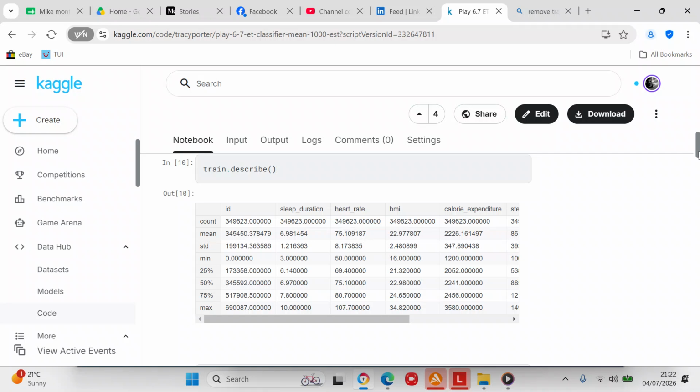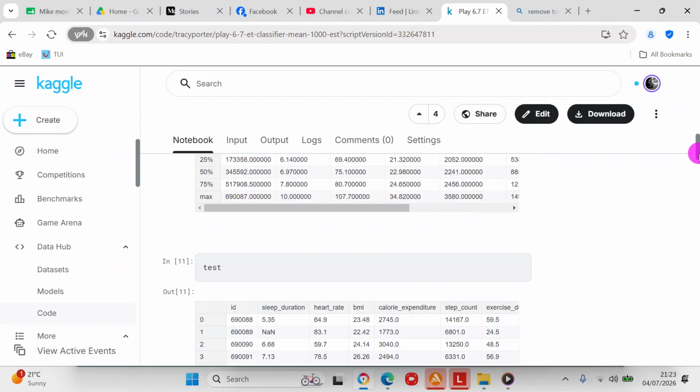And so the describe lets you count the number of rows, gives you the median, the standard deviation, the minimum value, the 25 percentile, which is the first quartile, the 50 percentile, which is the second quartile, the 75 percentile, which is the third quartile, and the max. And so it gives you all that data. So if you want to know the statistics of the train data set, then you just do the describe function and it will give you that information.